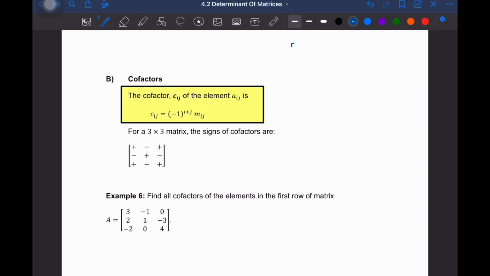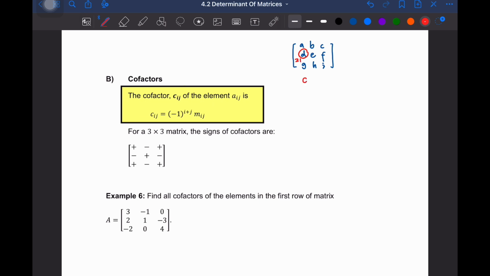Let's say I have a 3 by 3 matrix with elements A, B, C, D, E, F, G, H, and I, like this. If let's say I want to find the cofactor of this one, that one is located at the second row, first column.